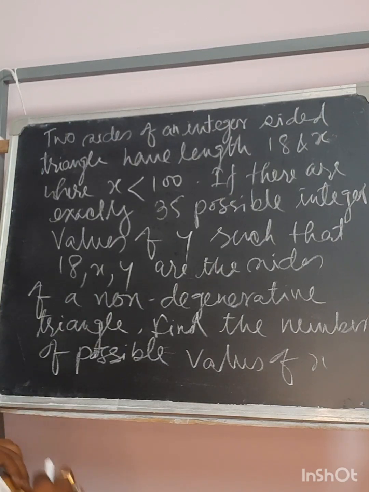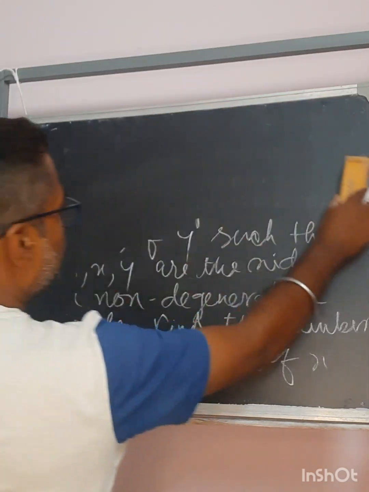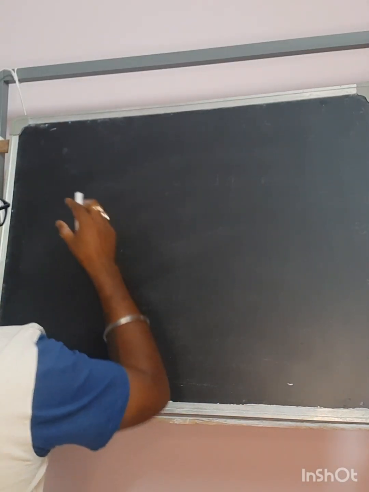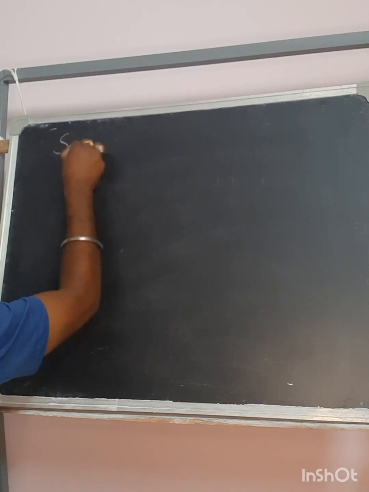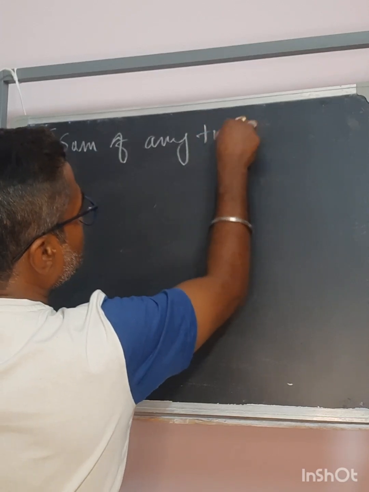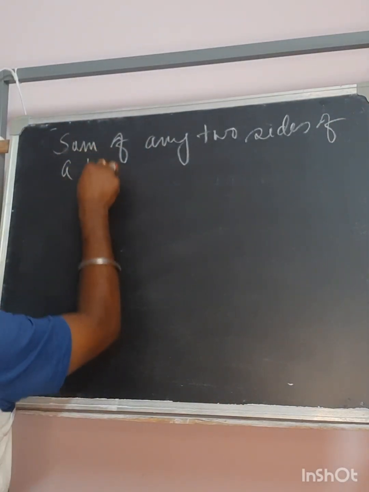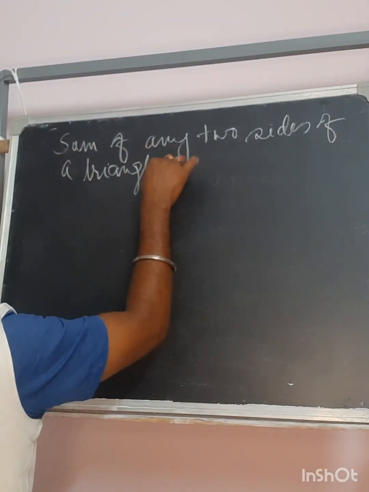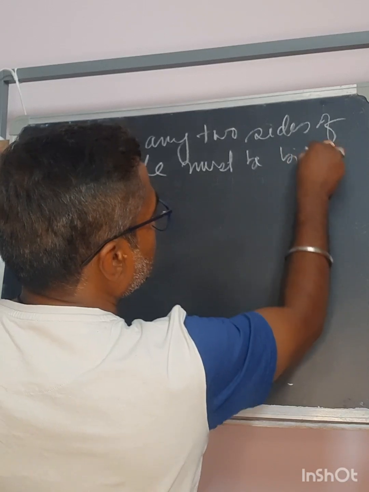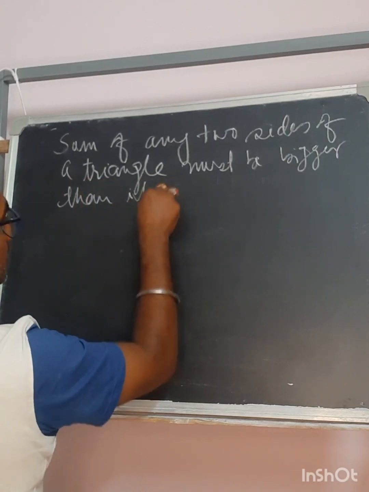So let me start with the concept. A simple concept for a triangle is that the sum of any two sides of a triangle must be bigger than its third side.